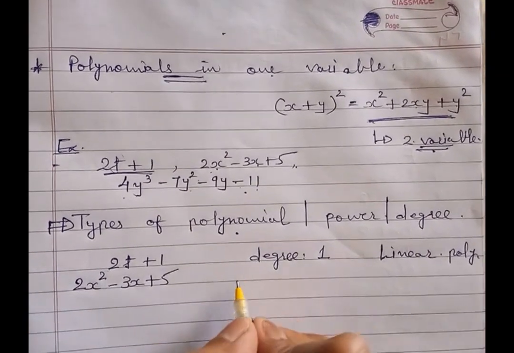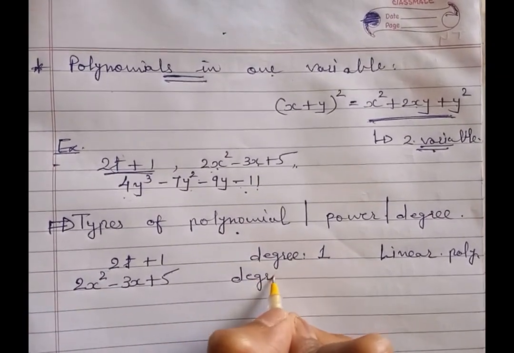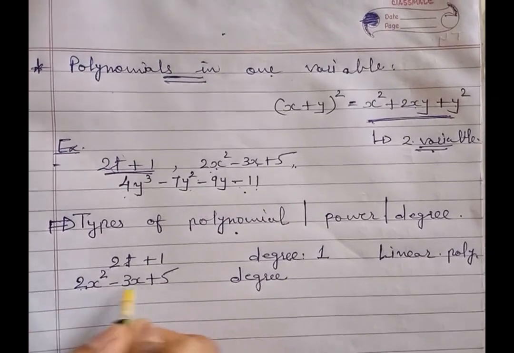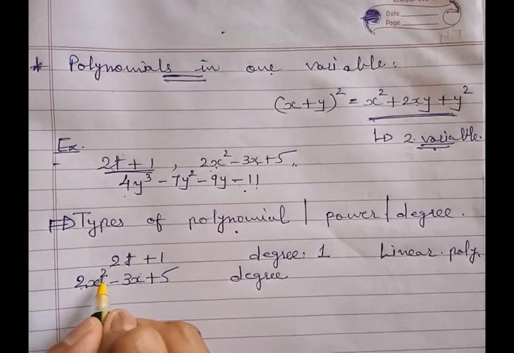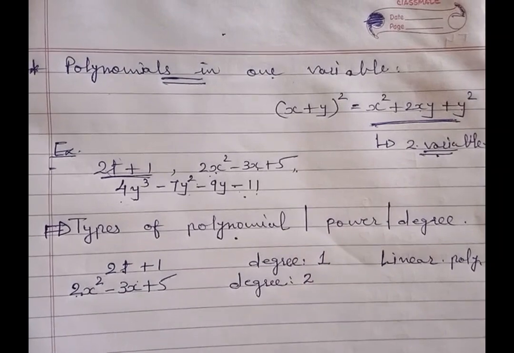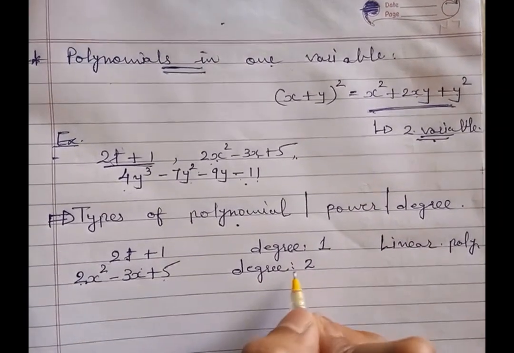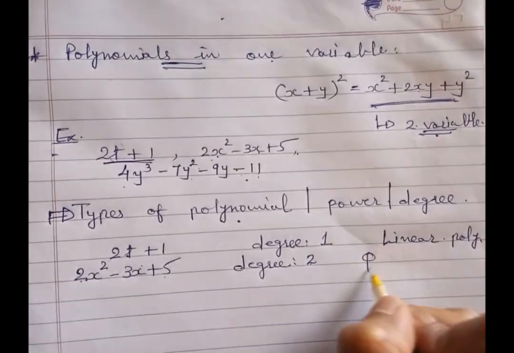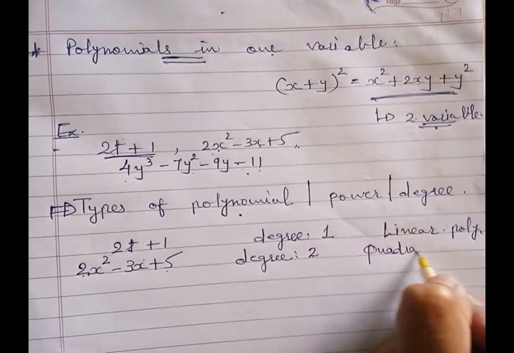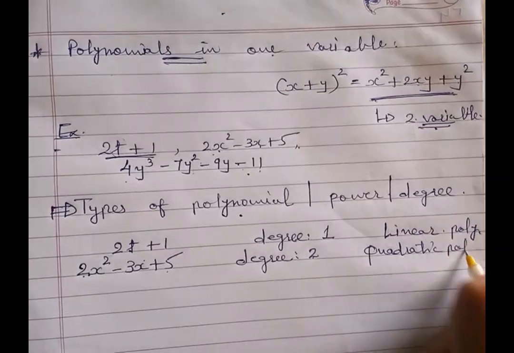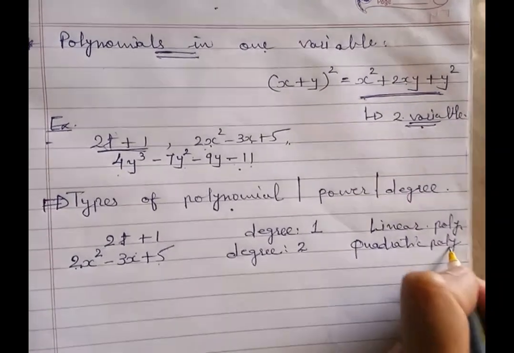Now for this polynomial, what is the highest degree? Here it is 1, here it is 0, and here it is 2. That means the highest degree is 2. Because of this, whenever any polynomial is having the highest degree 2, then it is known as quadratic polynomial.